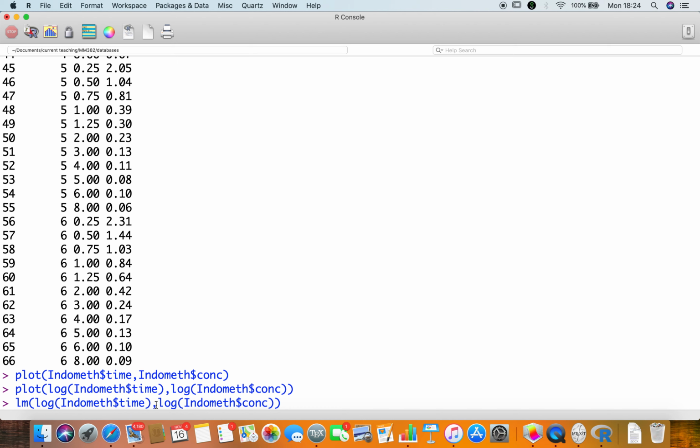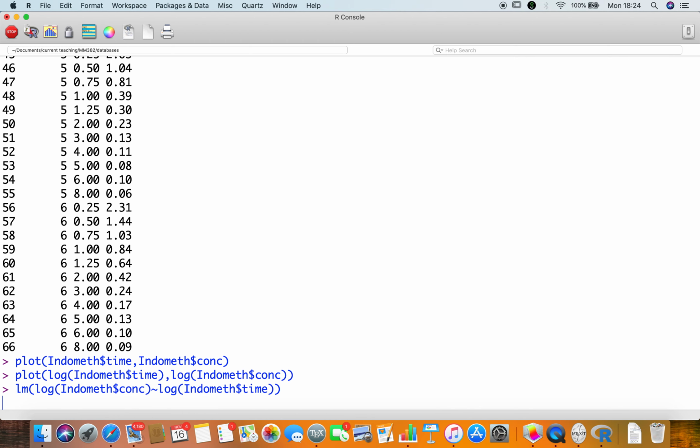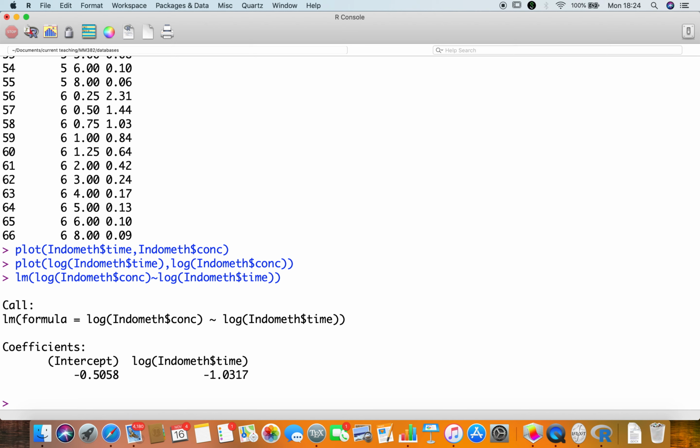When you do the lm calculation, the dependent variable is put first, and the independent variable is put second, after a tilde sign. I know it's completely random, but that's what R wants you to do. So when I want to get the straight line that I saw in the log plot, and I do that, that's what I get.